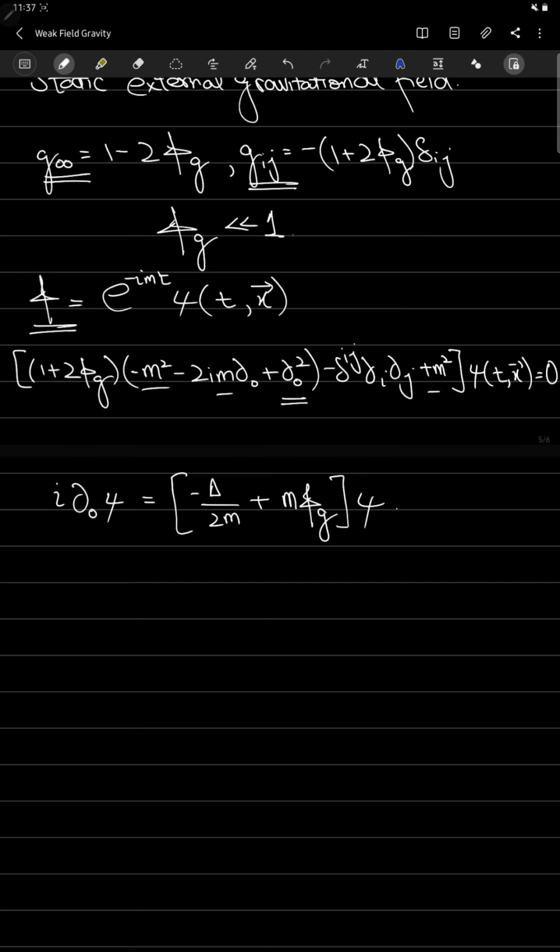And this is your Schrödinger equation for a particle that is in an external gravitational field. So with this, let's just stop for now. And in the next lecture, I am going to derive the Feynman rules for gravity by using the second quantization of the gravitational field.